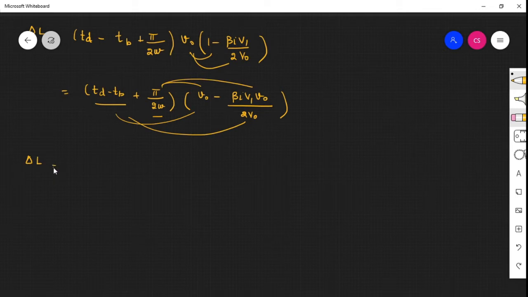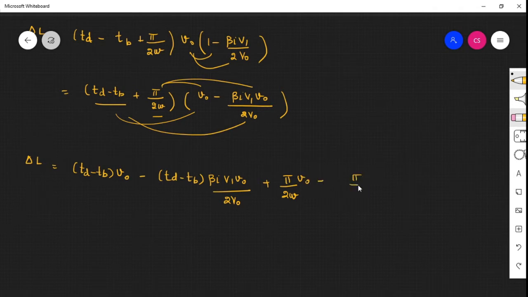Therefore del L becomes TD minus TB into V naught, minus TD minus TB into beta I V1 V naught divided by 2 V naught, plus pi by 2 omega into V naught, minus pi by 2 omega into beta I V1 V naught divided by 2 V naught.